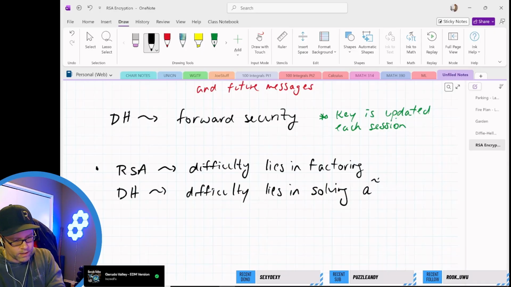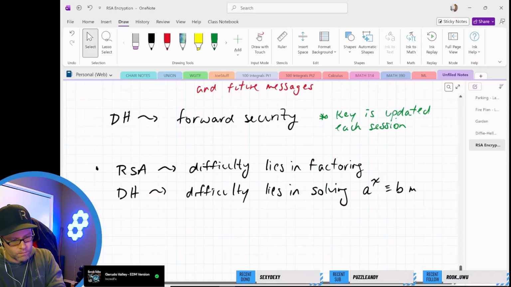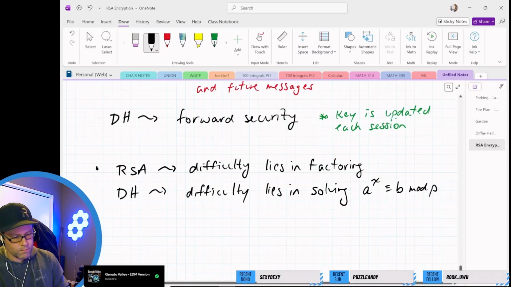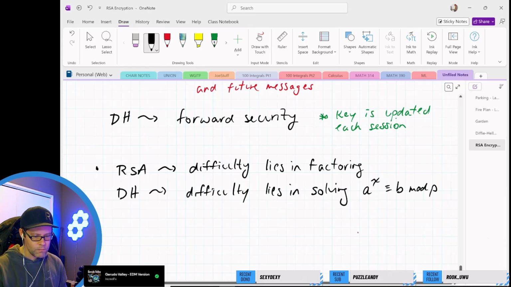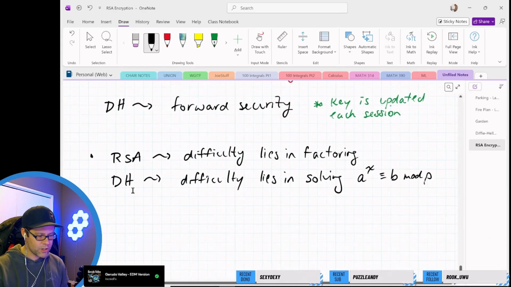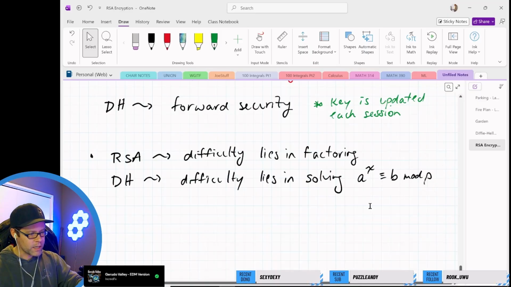Like a to the x congruent to b mod p. So yeah, DH is set up to be this really tricky modular arithmetic problem.